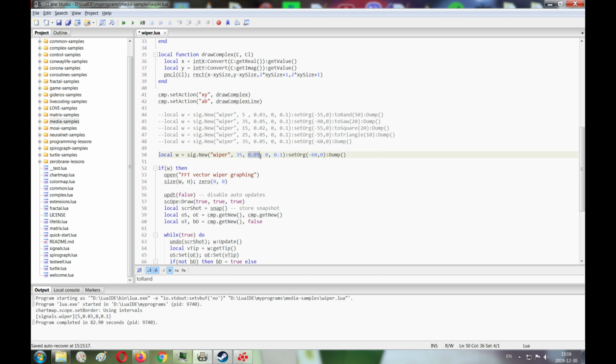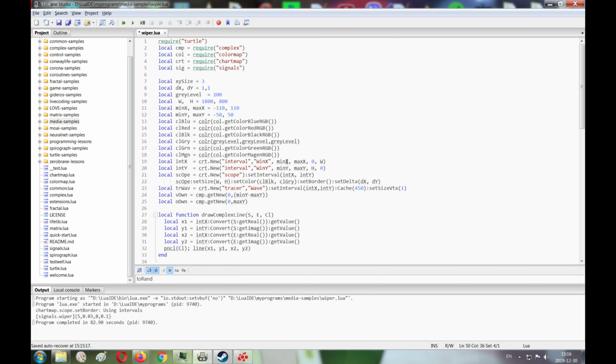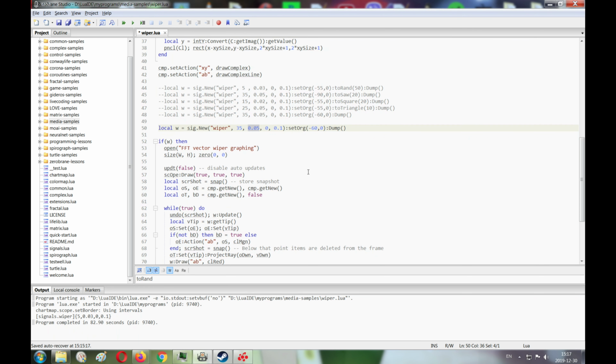So here goes directly 2 times pi times f. This is in radians per second, by the way. We're doing a delta of 0.1 seconds.